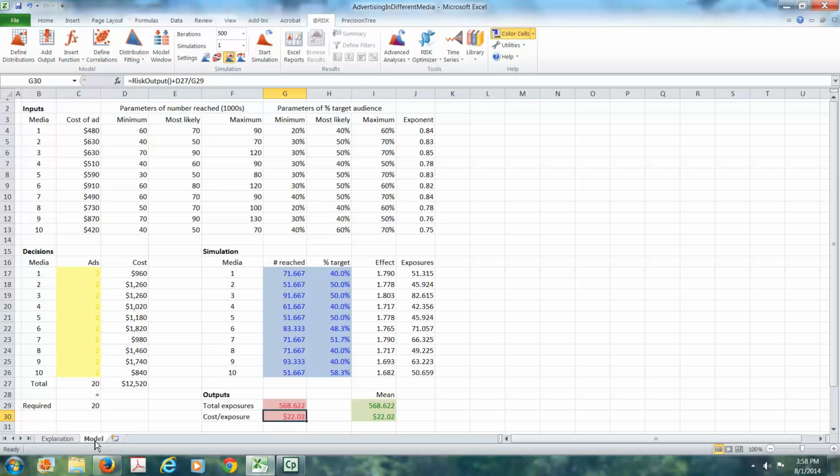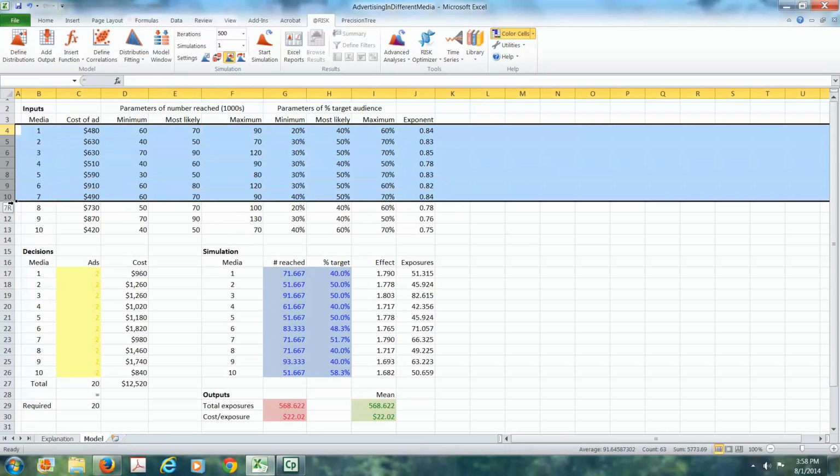We begin as a company that is trying to advertise, and our objective is, as you see down here in this highlighted cell, to try to minimize the cost per exposure in our advertising campaign. So we begin up here looking at 10 different media.